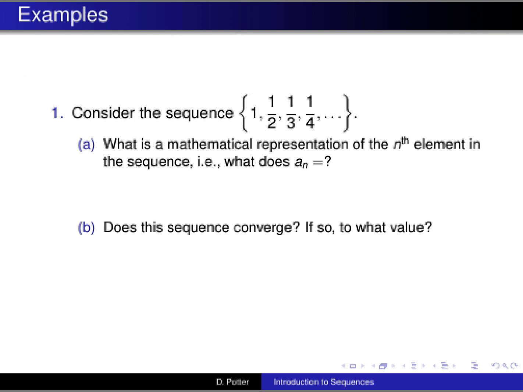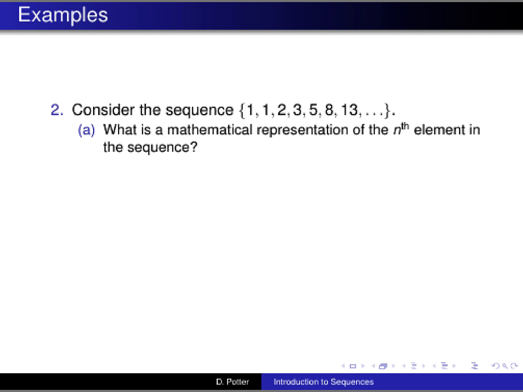All right, let's look at another example here. So here's another sequence: 1, 1, 2, 3, 5, 8, 13. Now this is not nearly as natural. Again, here's the first one, here's the second one, here's the third, fourth, fifth, sixth, and I don't see a direct relationship, like I had before, where the index number is involved.